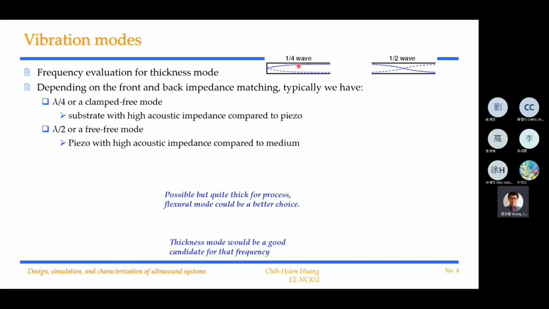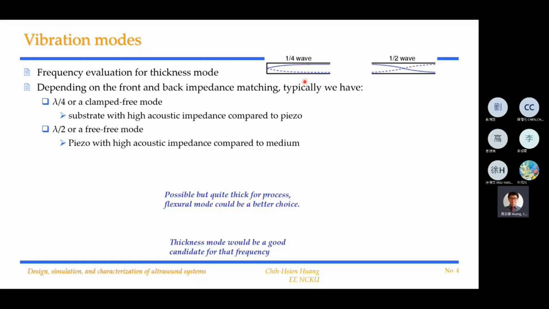Like we discussed about the matching layers of the ultrasound transducer before: one end is open to the medium, the other end is fixed to our active layer, so it's the one end fixed and the other free situation. And for matching layers, they will be quarter wavelengths.